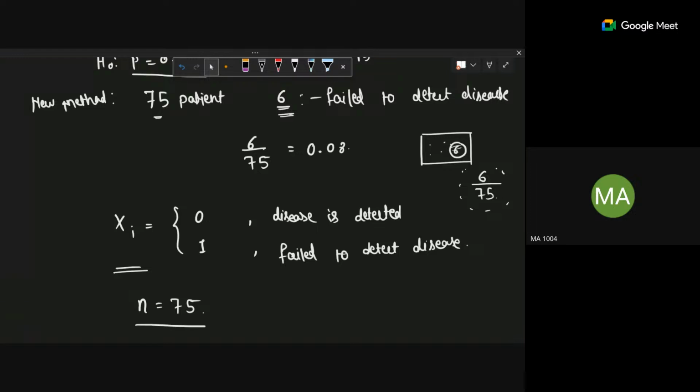For example, I'm giving you another context. Let's say there are 100 students and they have scored something, right? There was a test of 100 students. Let's say they have scored something out of 10, okay?